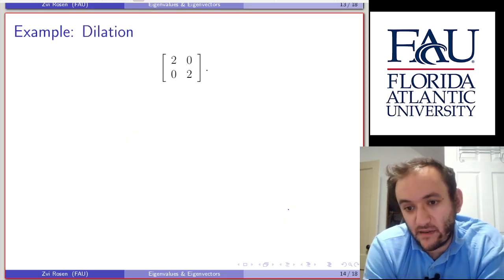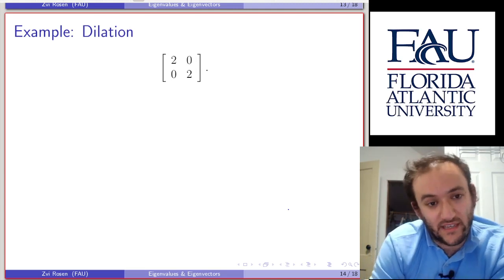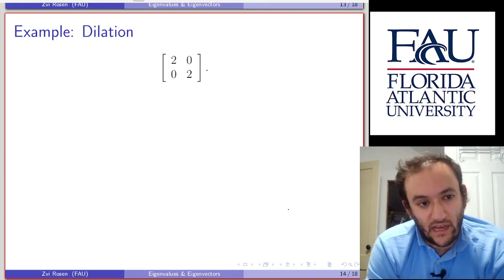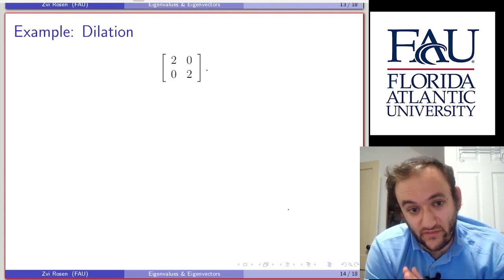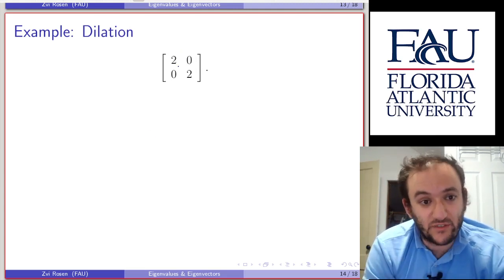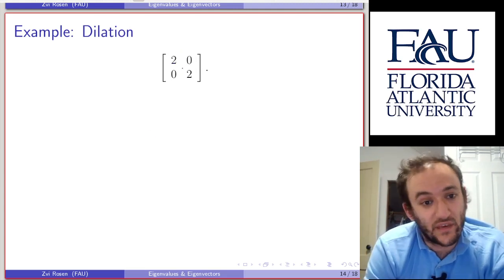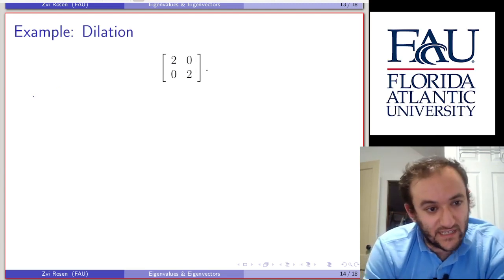Now let's see some more familiar examples looking for the eigenspace. When we spoke about dilation, that's where you grow every vector in the vector space by the same factor, 2. And that would be expressed by this matrix, which is just 2 times the identity matrix. Well, what would we get if we tried to apply our eigenvalue techniques here?